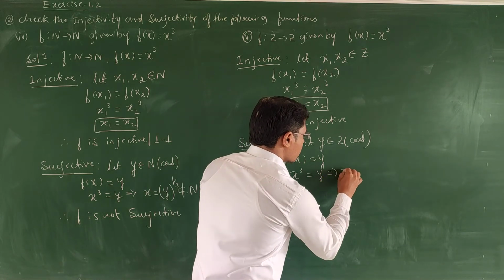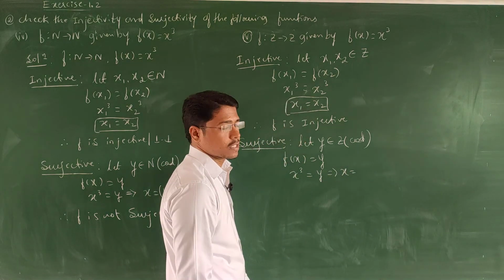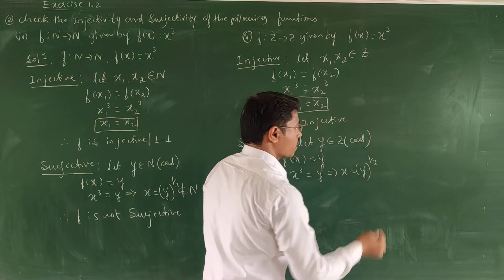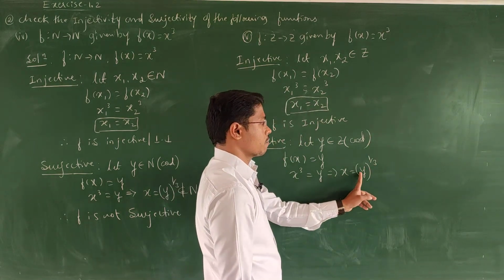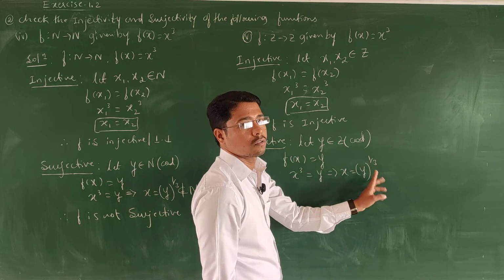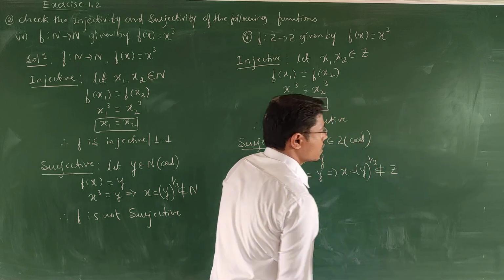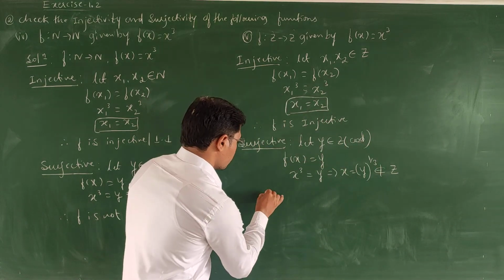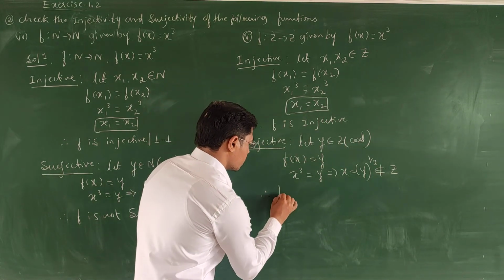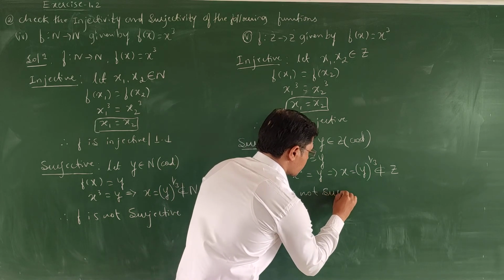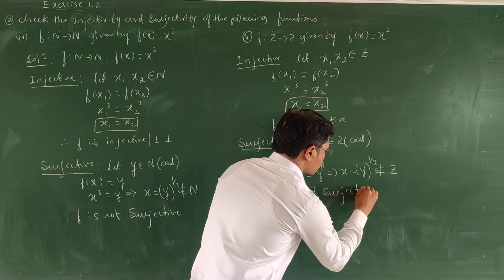This implies x equals y to the power 1 by 3. Again the same thing, numbers like 1 by 3, 1 by 4, 1 by 2 do not belong to the set of integers. Therefore f is not surjective.